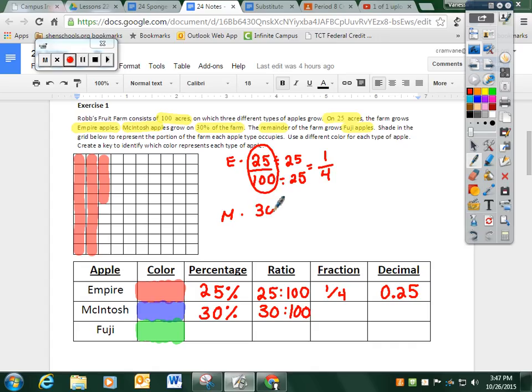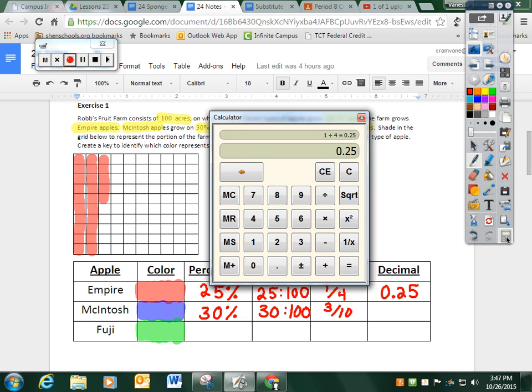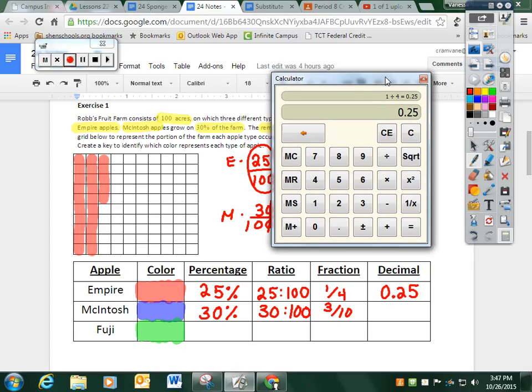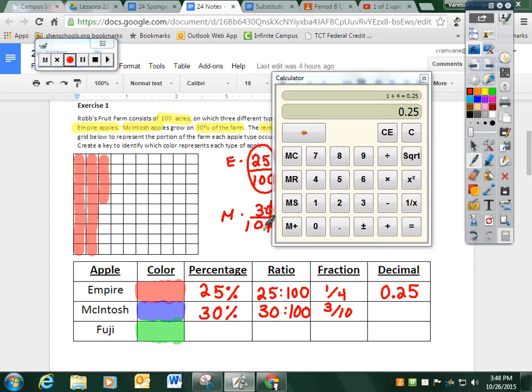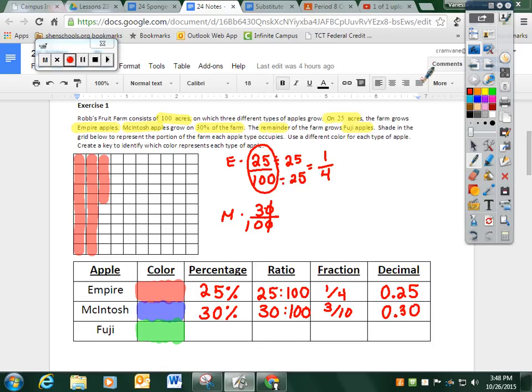If I make that ratio a fraction, I see that I have zeros lining up, which is the same as dividing top and bottom by 10, and I'm left with the fraction 3/10. Again, I'm going to pop my calculator out. I'm going to read the fraction from top to bottom. 3 divided by 10 as a decimal. It's 0.3. I'm actually going to add a 0 here, and I'm going to tell you why.